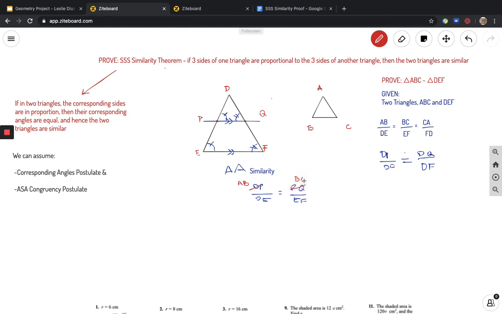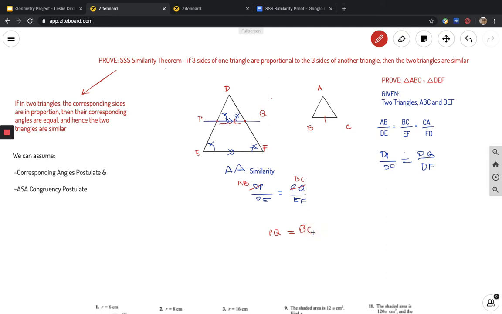So for these, it's a substitution since DP is equal to AB. And for PQ over EF, we can substitute BC, since we know that PQ, which is this segment right here, is equal to BC, so we have our segment PQ equal to our segment BC.